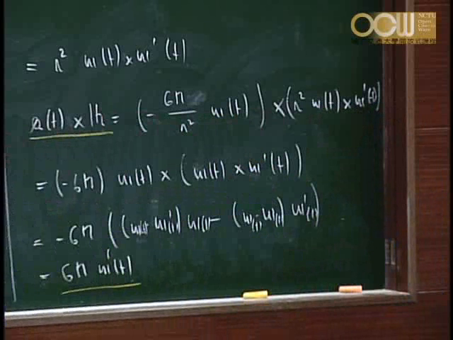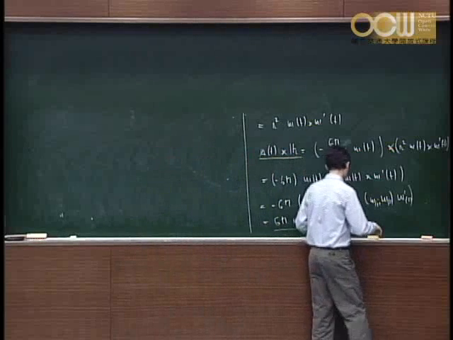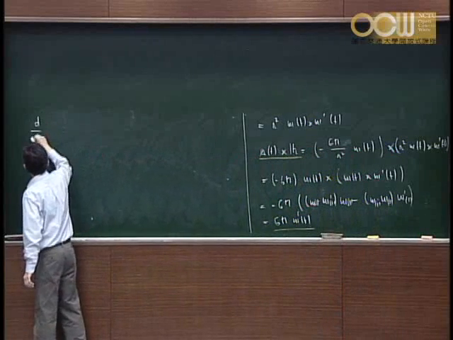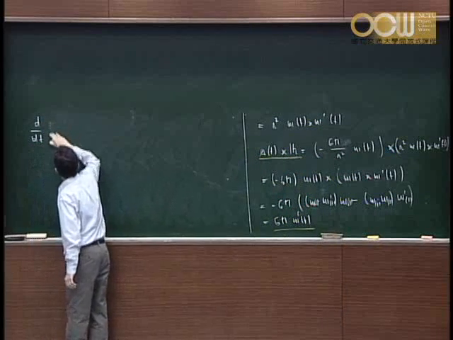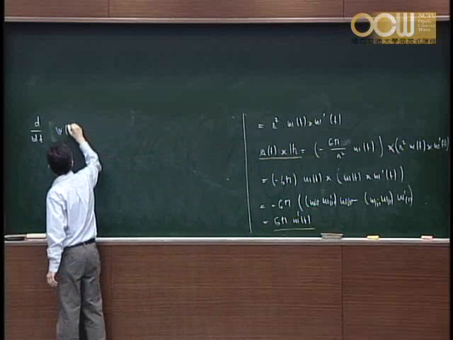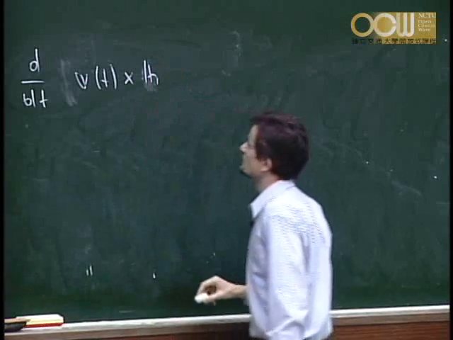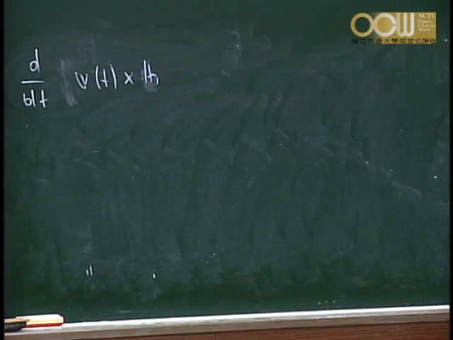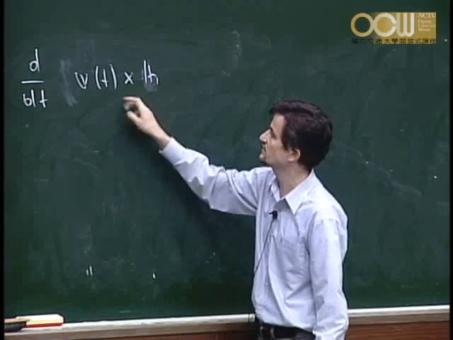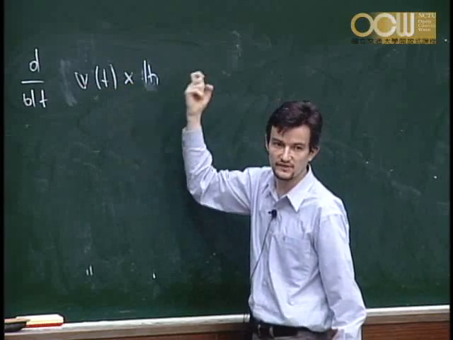Now, why is this helpful? You see, I can rewrite this here. This is the derivative of the velocity times h, because h does not depend on t. So if I use the product rule here, it's the derivative of this one, this unchanged, plus this unchanged, derivative of this one is 0.